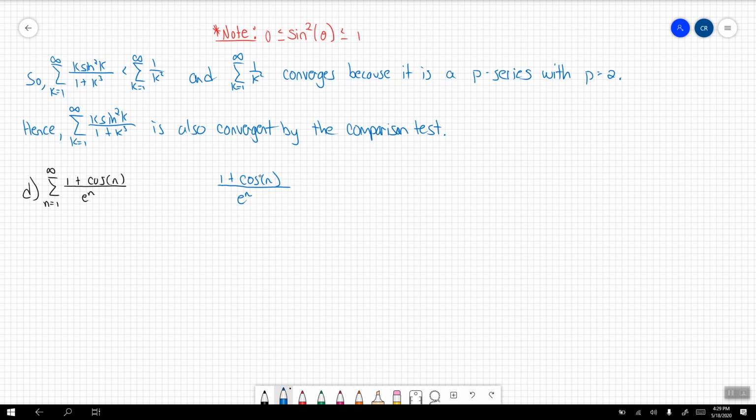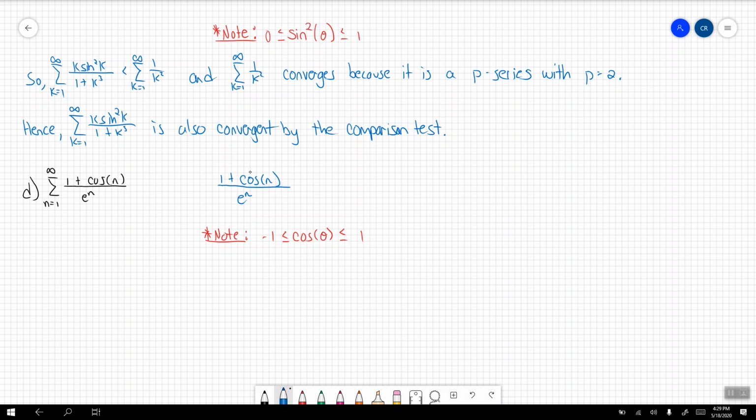Now again, I'm looking at cosine. Anytime I'm looking at cosine and sine, I can automatically go back to trig and figure out what those bounds are. So cosine of some angle measurement is always bounded, meaning its outputs are always between -1 and 1. So naturally what I want to do here is I want to use one of these bounds.